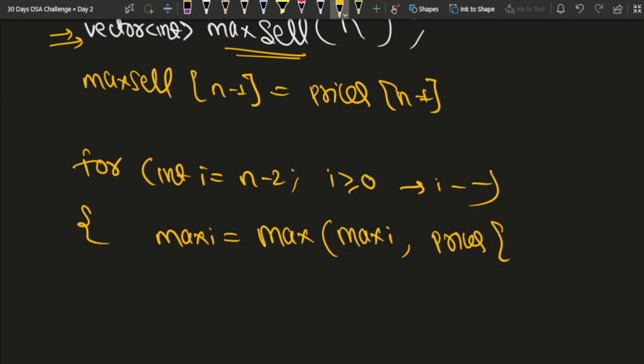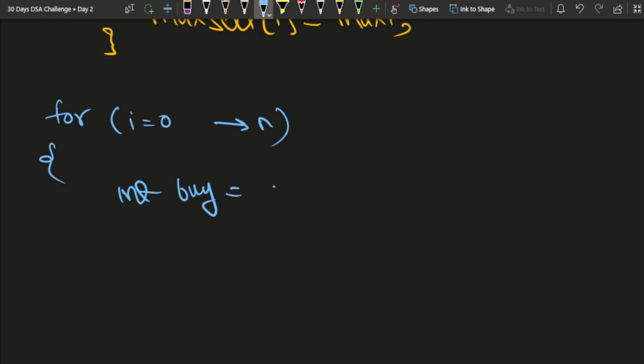Now our work is going to be very easy. We'll just run a loop from i equal to 0 up to n. We will get the value of buy as prices of i, and we will get the value of sell from our maximum cell array at index number i.